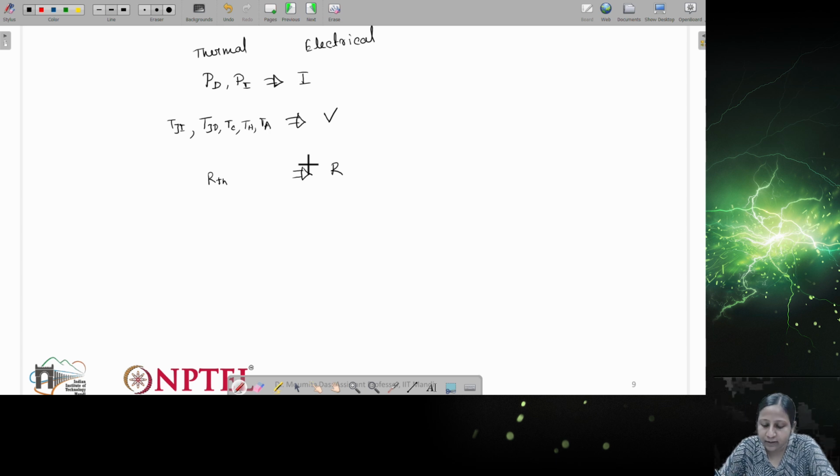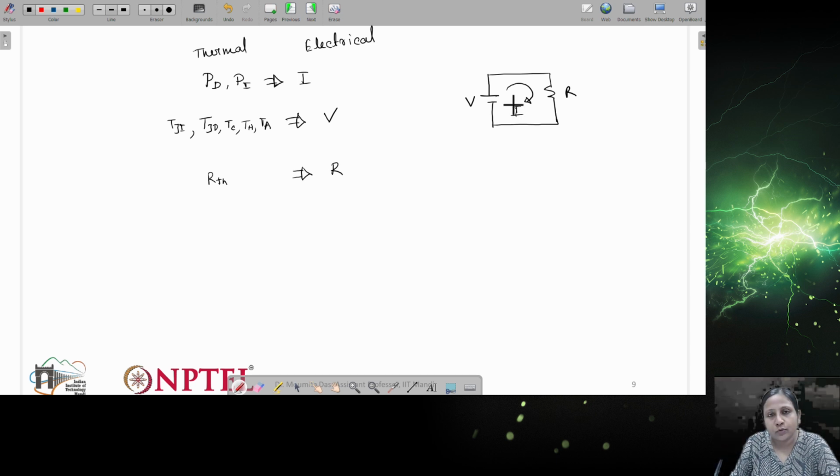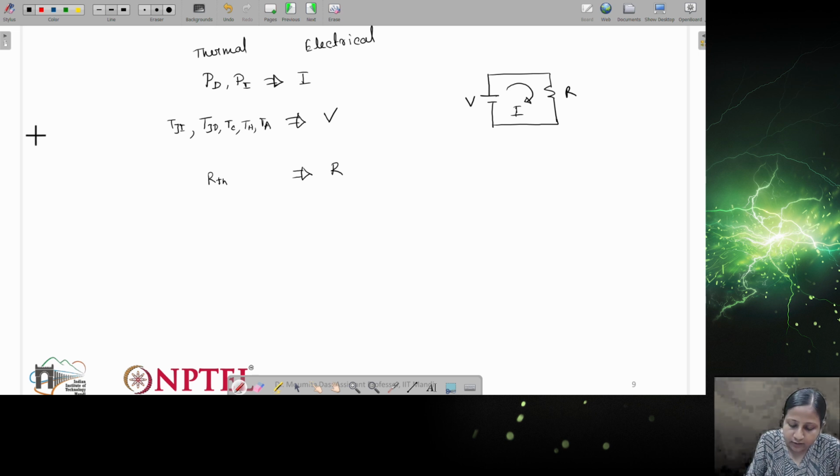So you can see here, basically in an electrical circuit the current flows, or let's say there is a voltage which is connected to the resistance which causes current to flow. So basically this V is connected to R and then current is flowing. So this is with respect to the electrical network. And the equivalent thermal network, how is it?